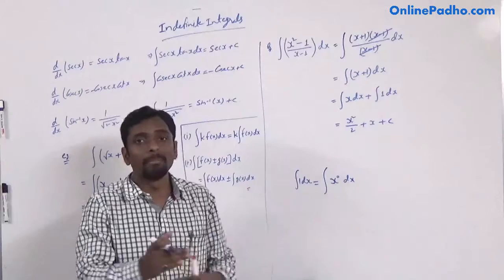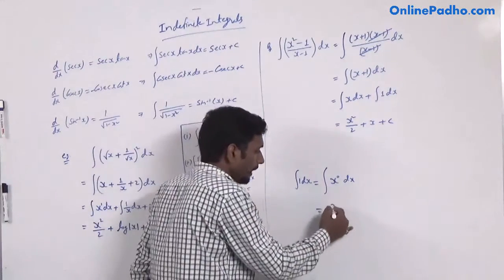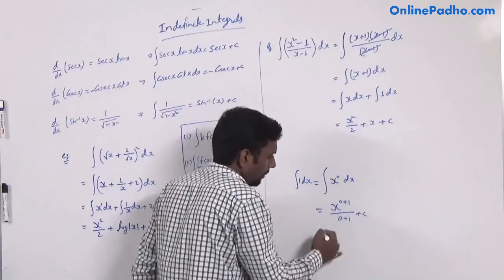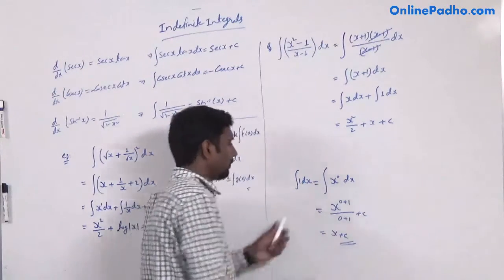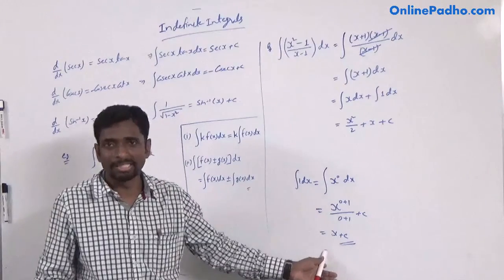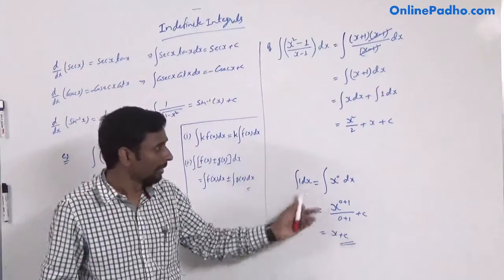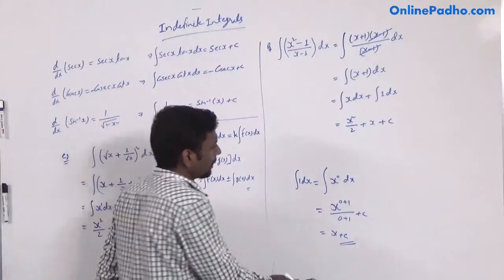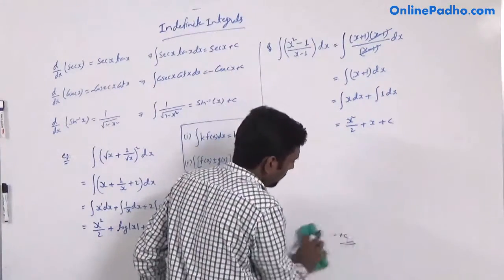Now we can apply the formula for x to the power n. We will get x to the power 0 plus 1 divided by 0 plus 1 plus c. It can be written as x plus c. So therefore, integration of 1 is always x. Right? So by this we can solve the questions related to algebraic function.